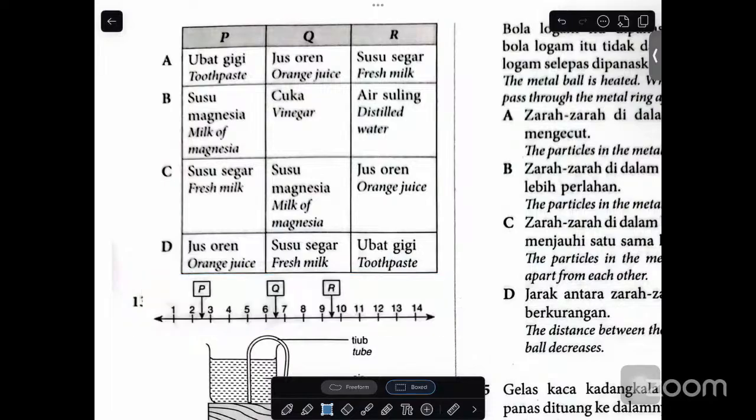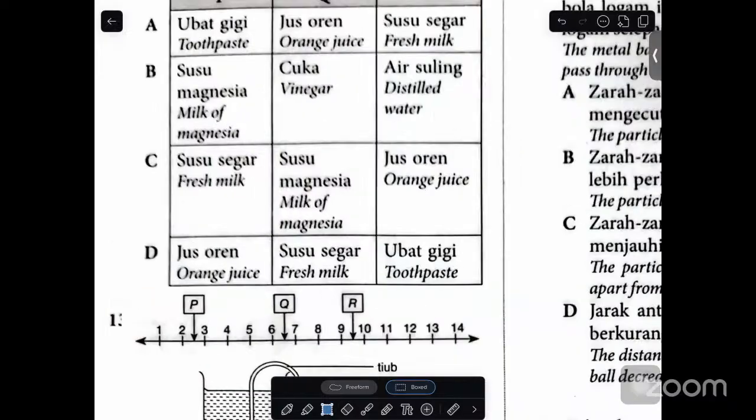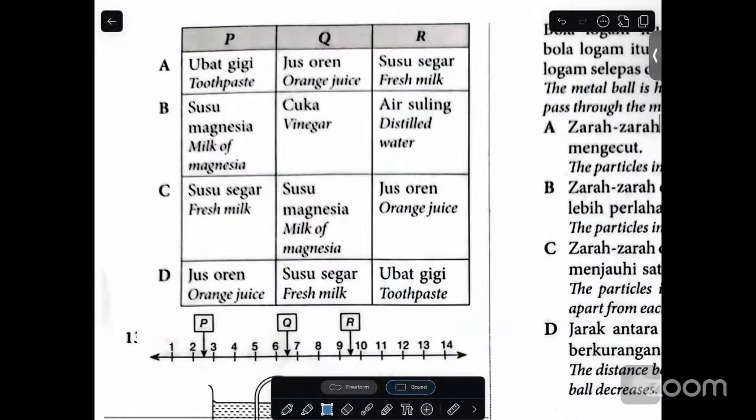Which one is P? Which one is Q? Which one is R? Yang mana satu P, Q and R?